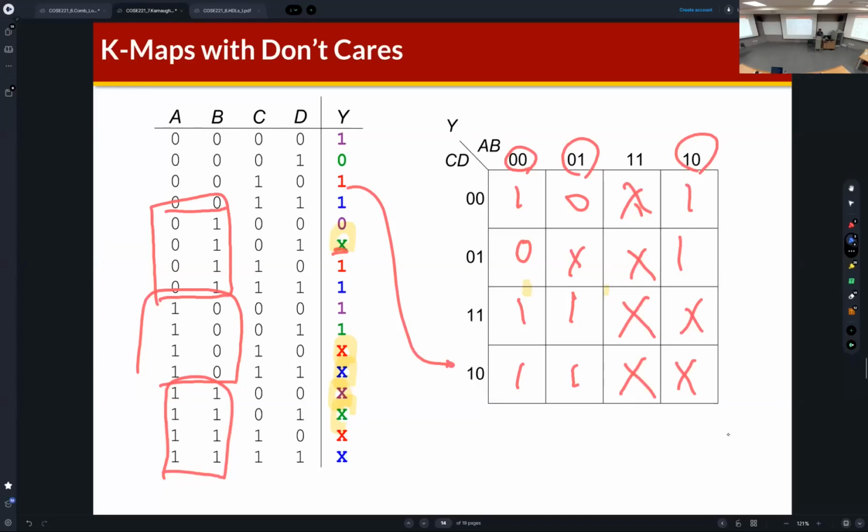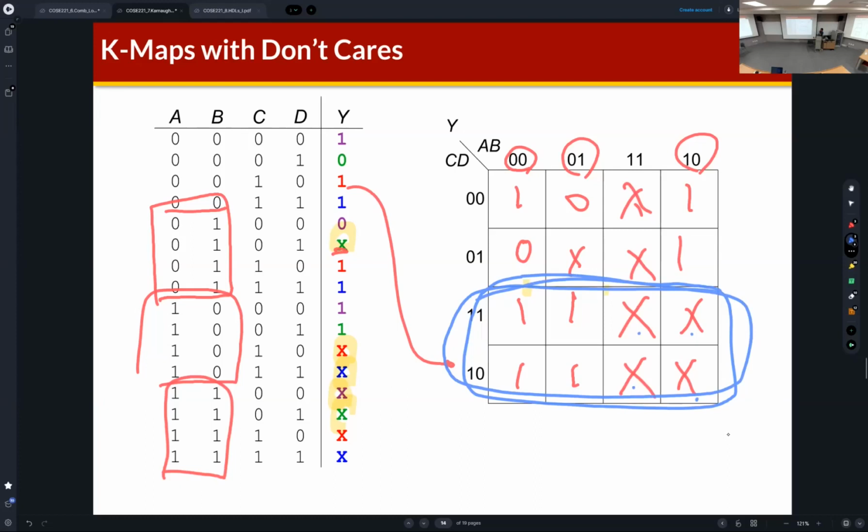Then in order to generate the largest circle, we can think that these X are 1s, right? Then we can make the large circle like this. Okay? And then another case. What is the another large circle? Another large circle is this one. Okay?